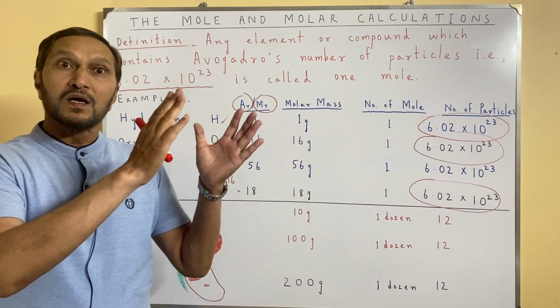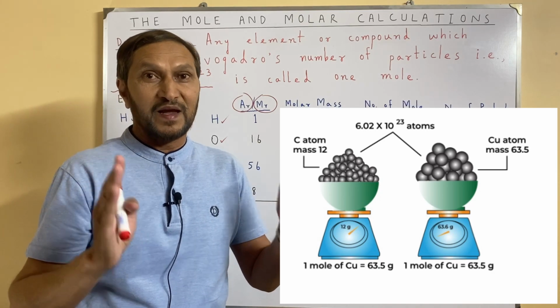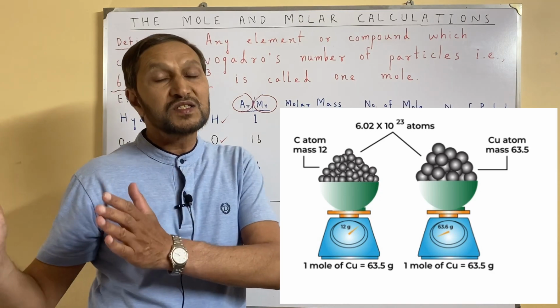Similarly, if we take carbon, the atomic mass of carbon is 12 and the atomic mass of copper is 64.